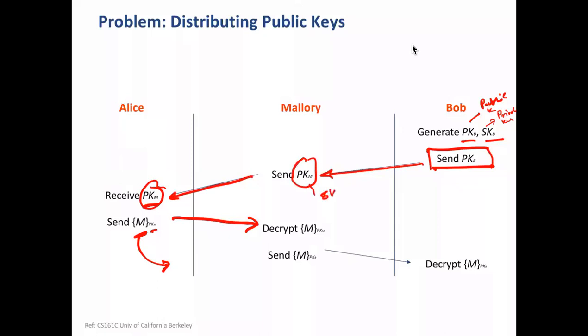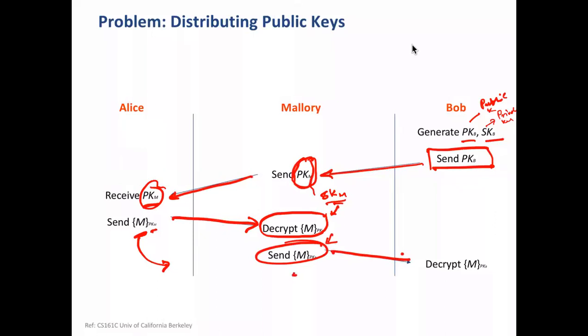So she has SKM. Because she would have generated a key pair, and then she can decrypt it using her own private key, and then change the content to whatever she wants to send.